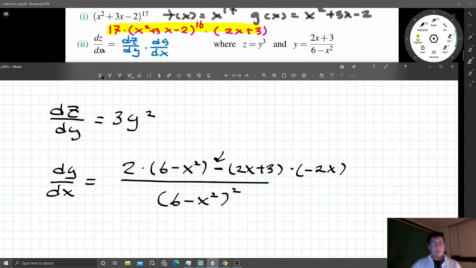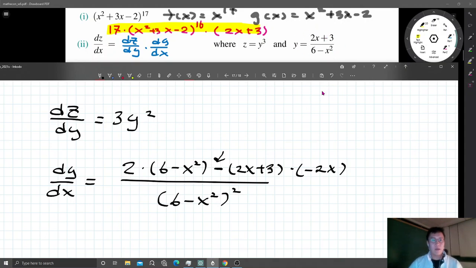So dz over dx means that we are looking for the instantaneous rate of change of z with respect to x, so the answer should be a function of x. When we are asked to find dz over dx, that means we regard z as a function of x. So we have to translate this 3y squared into a function of x because y is given by this one.